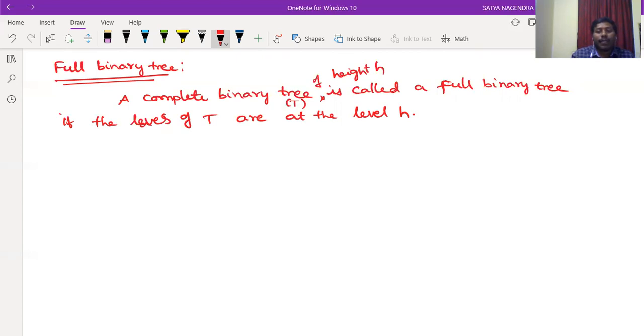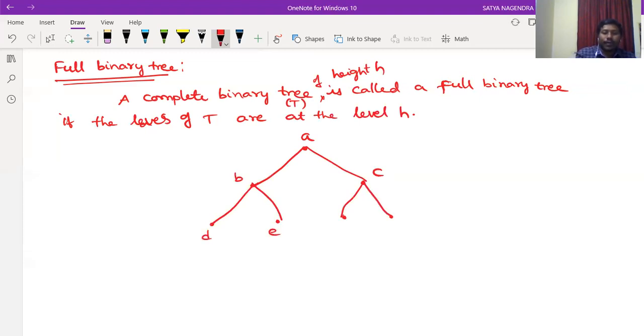Okay, complete binary tree we observed. Next balanced tree we observed. So here I am taking an example. I am drawing a very simple one. This is the root, A. Next B and C. Next these two join with B, and next these two with C here.